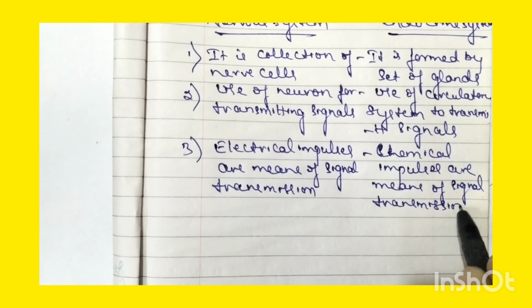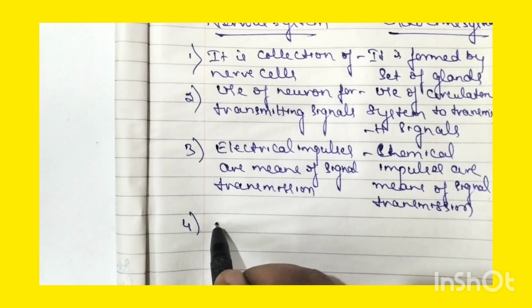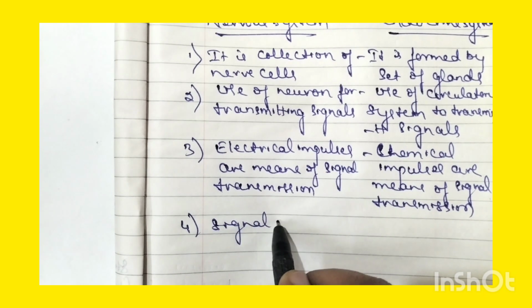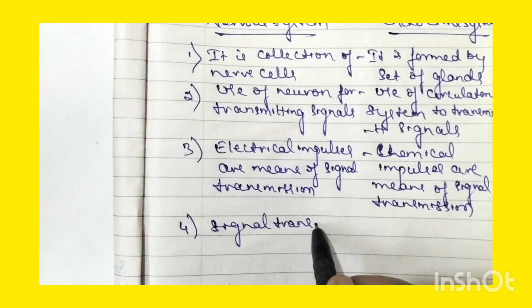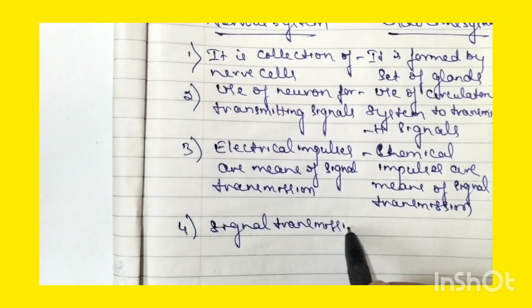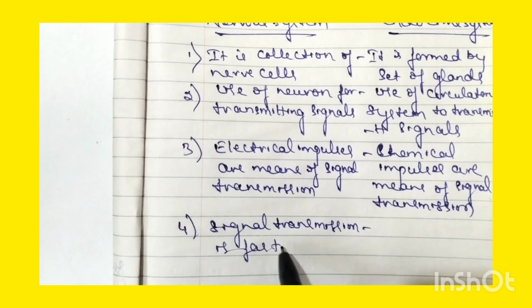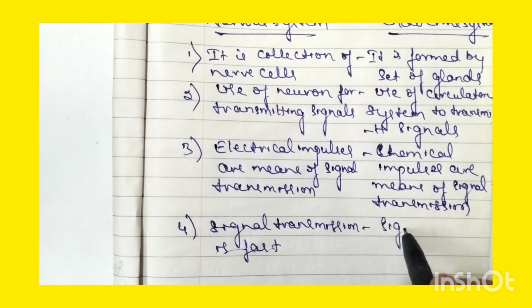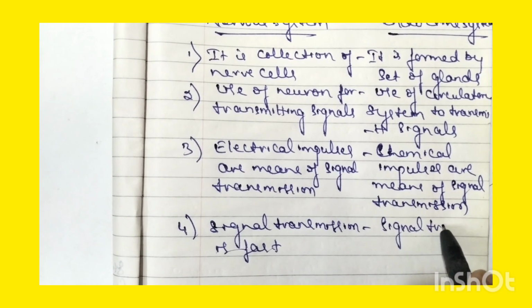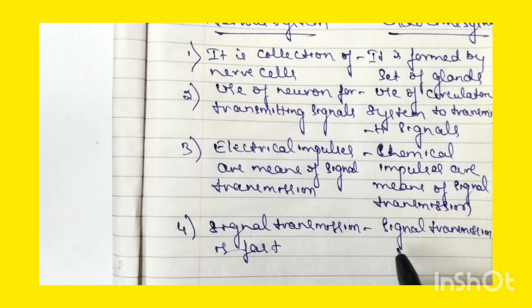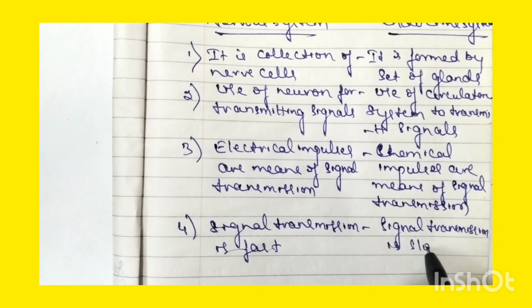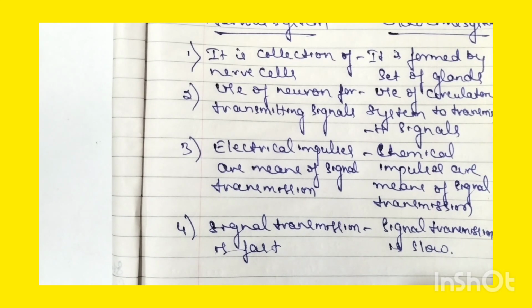Then the fourth difference is, signal transmission is fast in the nervous system, and signal transmission is slow in the endocrine system.